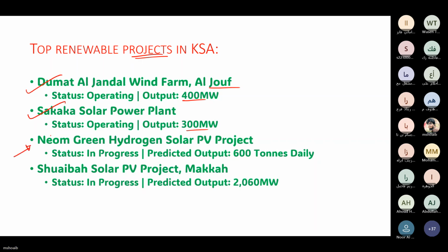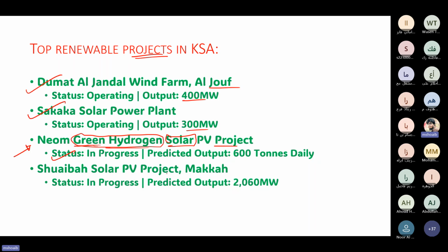In Neom city, they are trying to make one, green hydrogen solar PV. So this is solar PV, and it will also use green hydrogen, and this green hydrogen can be converted to generate heat, and that can be used to generate electrical energy. Okay, so this is a big project, and this is in progress.